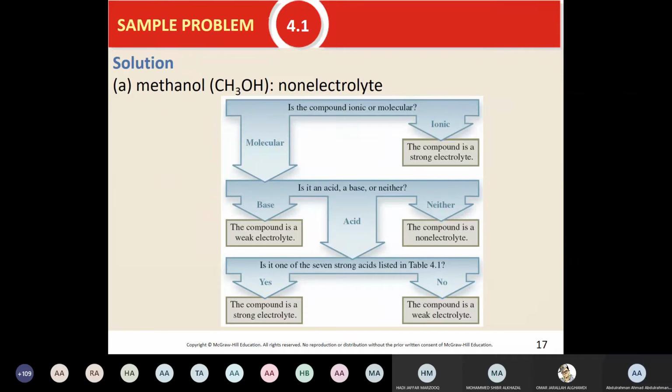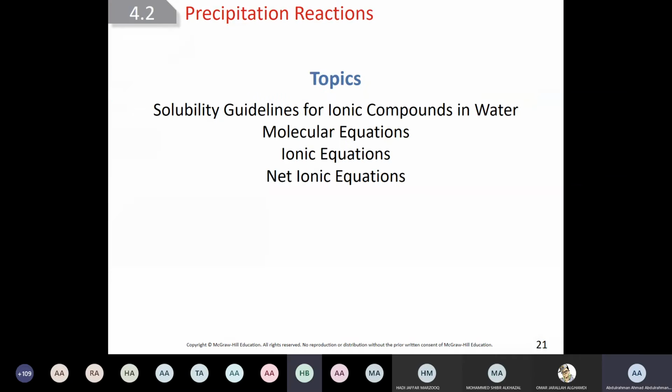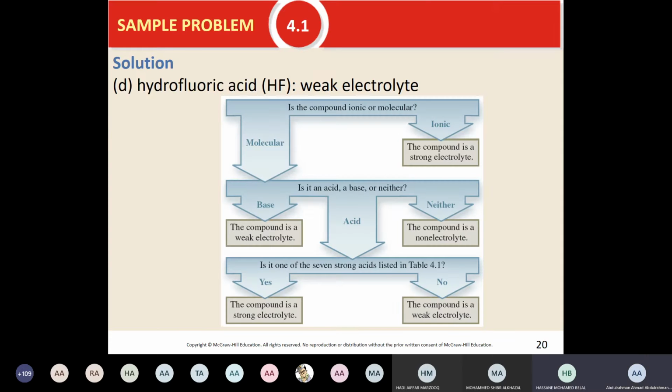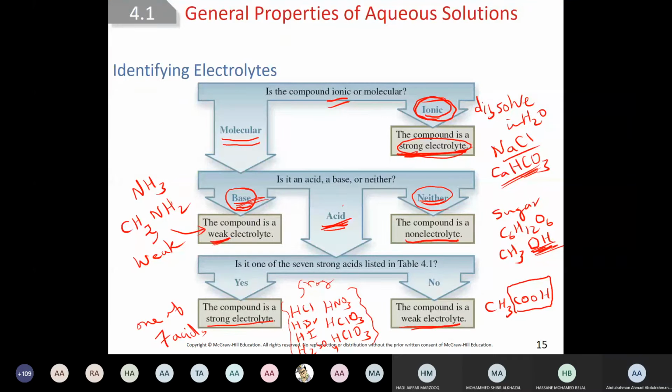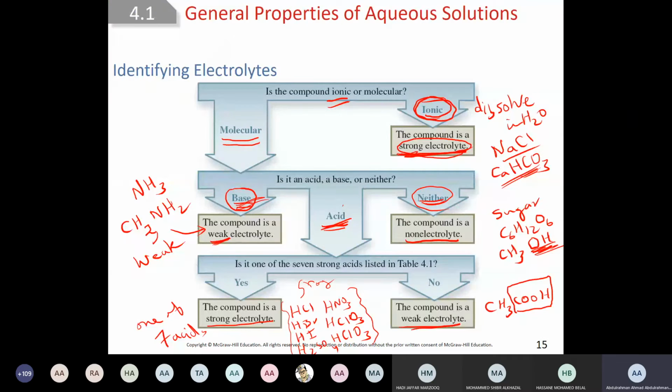Good. Done with these. Doctor, what do we mean by base? We will talk about bases later in this chapter, but anything that contains an N group is considered to be a weak base.